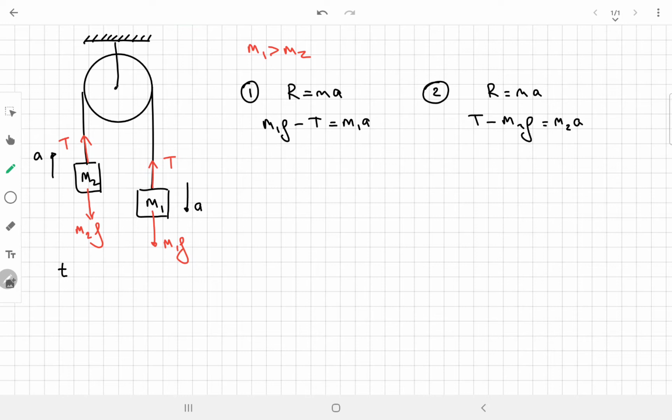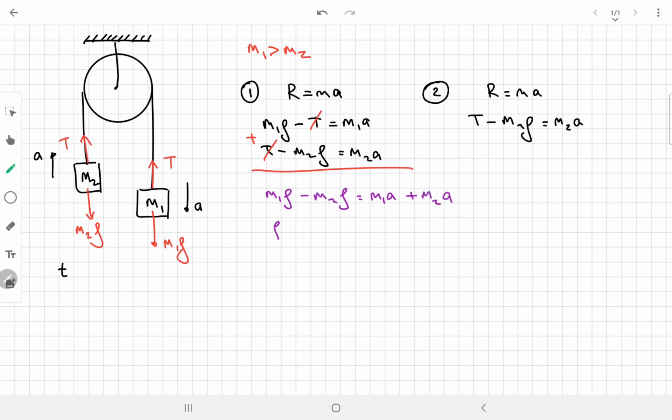So as you see, we have two equations and two unknowns, acceleration and tension. From here we can solve this problem. Let me bring the second equation under the first one and add these two equations to each other. The tensions will cancel because one of them is negative. So m1g minus m2g equals m1a plus m2a.